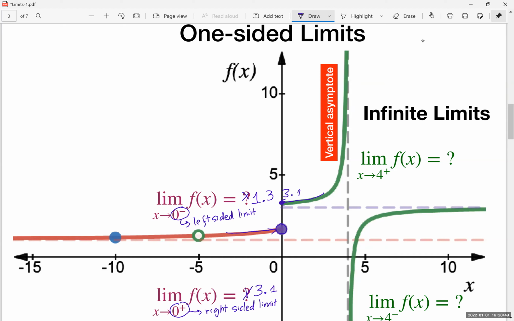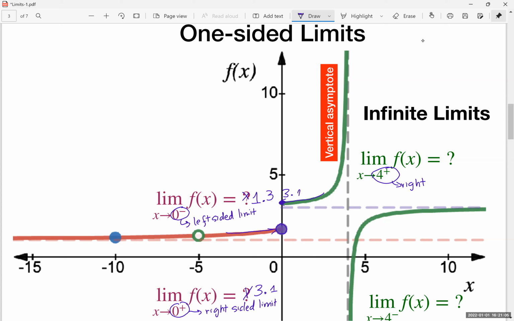Well, what about when x equals 4? What is the limit of f of x as x goes to 4 from the right? This is the right-sided limit.